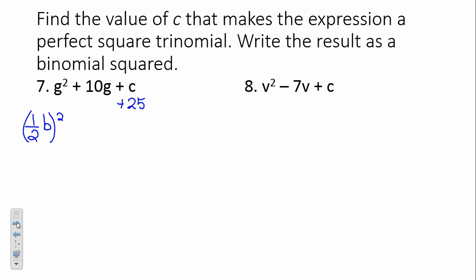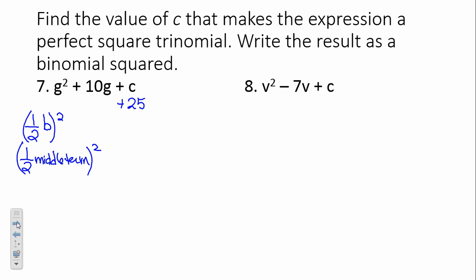The b is always the number that's times the variable itself, not the squared variable. And the c is the constant. Standard form. Okay? And a lot of people just say that's 1/2 the middle term squared. However you want to remember it, 1/2 of b squared or 1/2 of the middle term squared. Make a note of it so you don't forget.